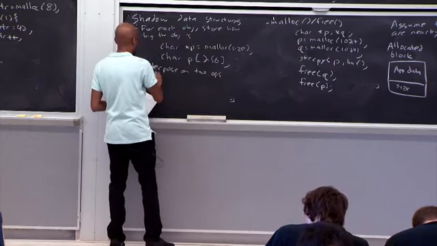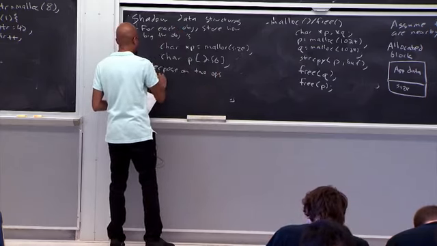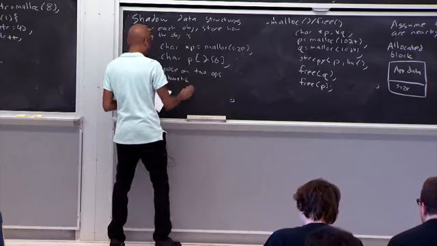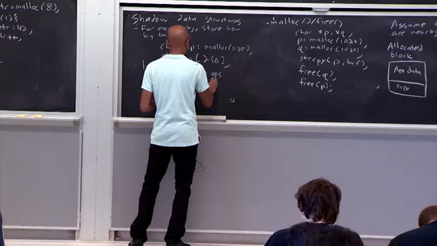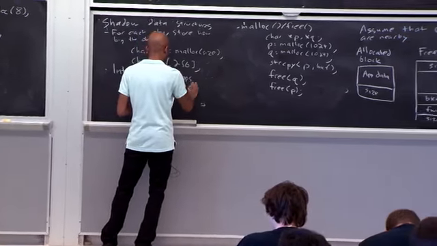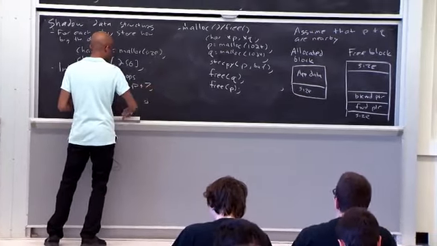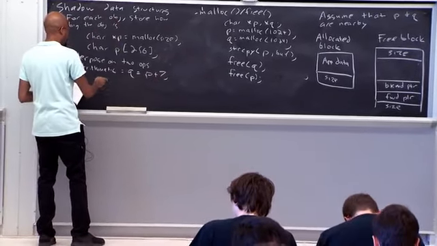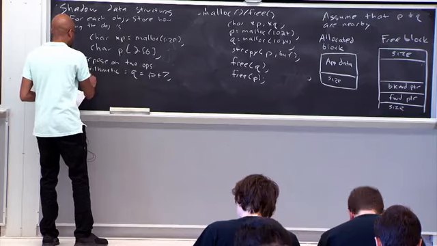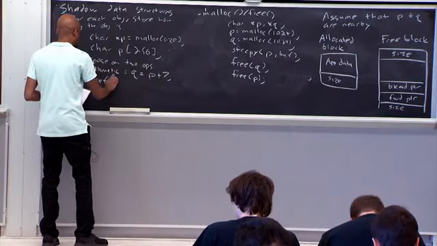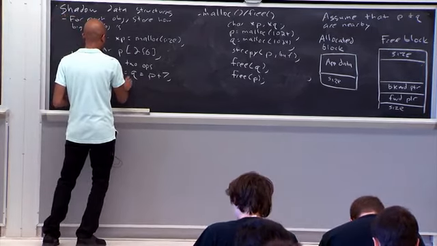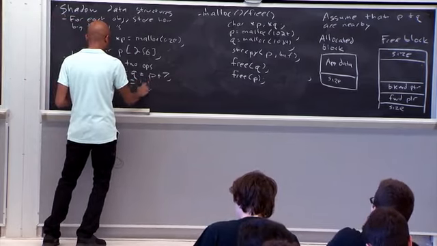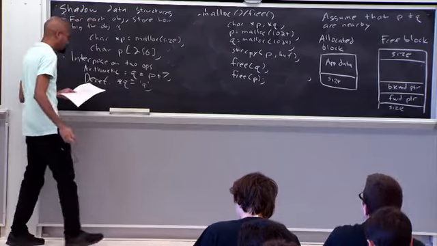Basically, we need to do arithmetic, so this is things like q equals p plus 7, or whatever. And then you want to interpose on dereferencing, so this is something like q equals a, or something like that.